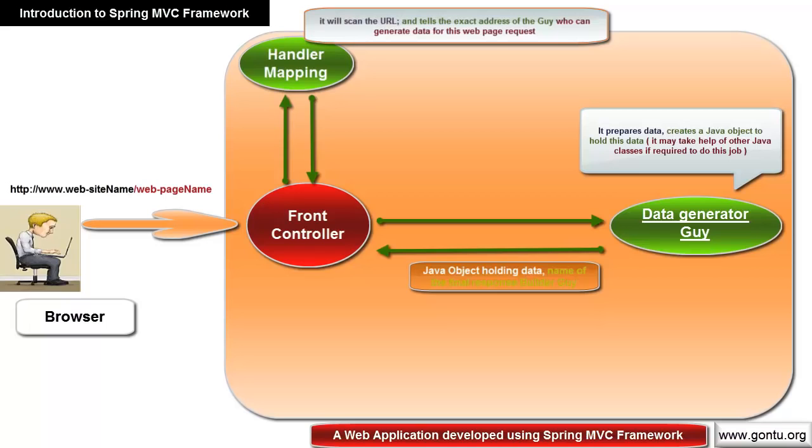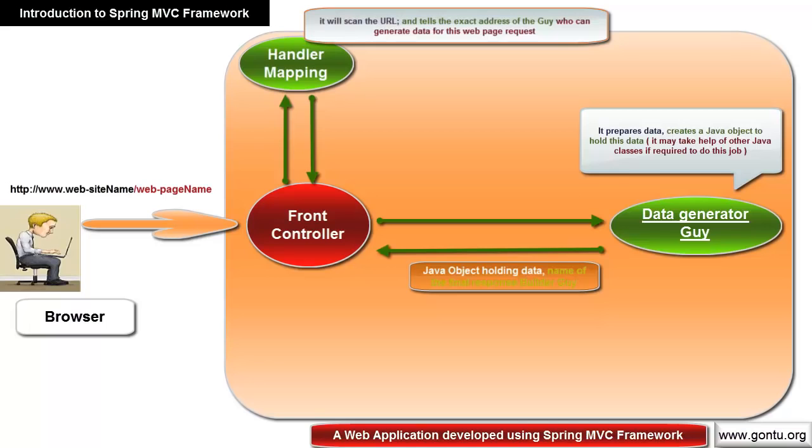The shop guy gives him just the item but doesn't wrap it using a gift wrap. But while giving the item to the person, the shop guy tells the name of a person who can gift wrap this particular item. Now again, the person doesn't have the exact address of the guy who is going to gift wrap the item, but yes, he knows the name of the gift wrapper.